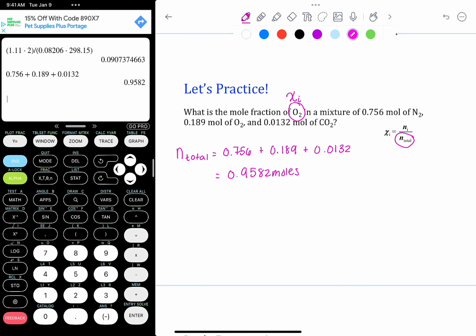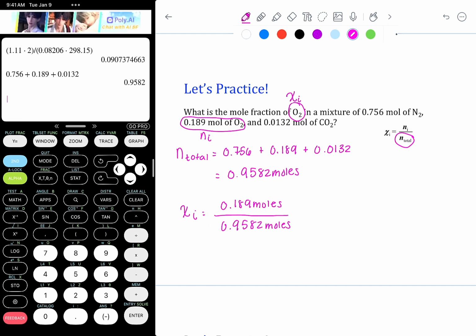If we want to find the mole fraction of specifically oxygen, we need to take the n sub i of oxygen, which is this guy, which I'll now label correctly with n sub i, okay, and we want to find the chi from there. So chi is equal to n sub i, 0.189 moles, divided by n total, 0.9582 moles.